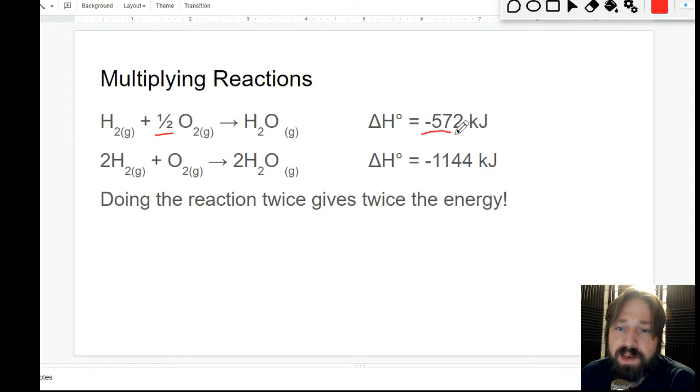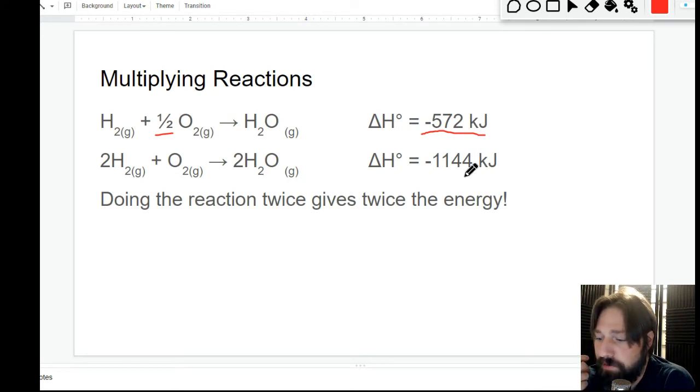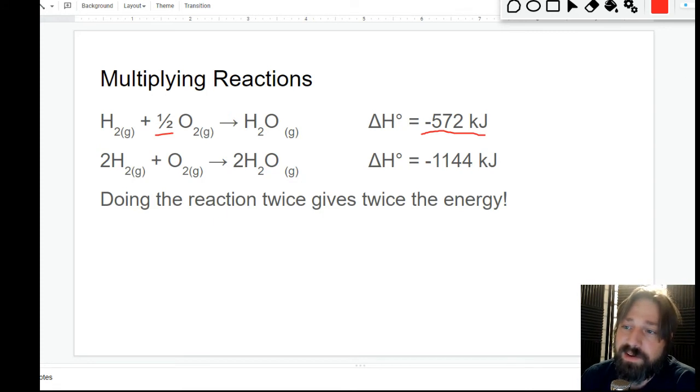Well, for that, now we're going to have to double our delta H. And this kind of makes sense if I think about, like, if I have double the gasoline, it's going to put out double the energy. So doubling the reaction doubles the delta H. Same thing, if I half the reaction, I'm going to half the delta H. All right. So far, so good, right? All right, we all good?